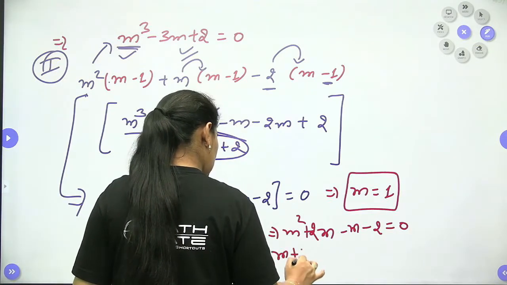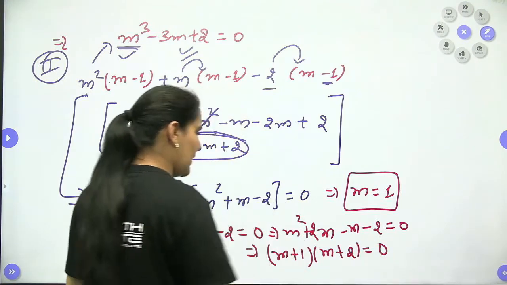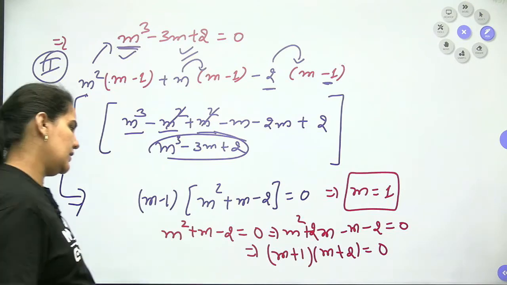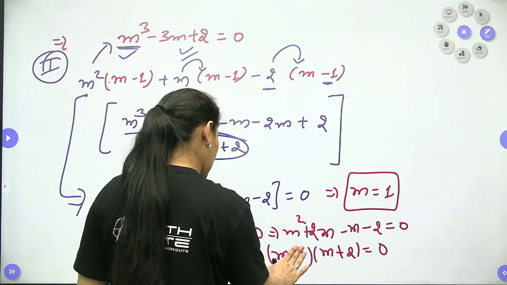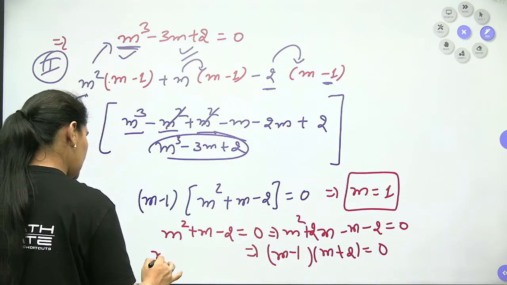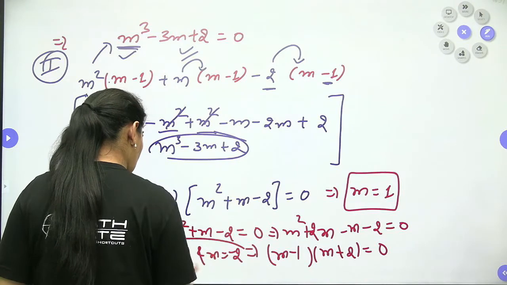So we can write it as m minus 1 and m plus 2 is equal to 0, guys. So from here we will get m is equal to 1 and m is equal to minus 2.